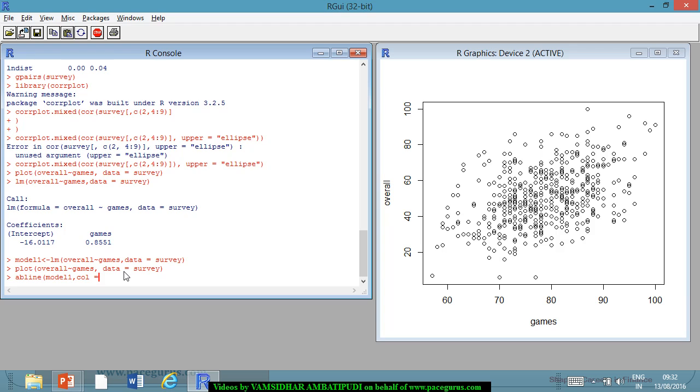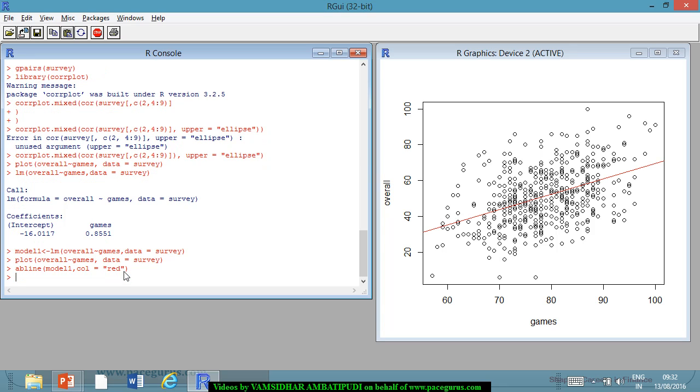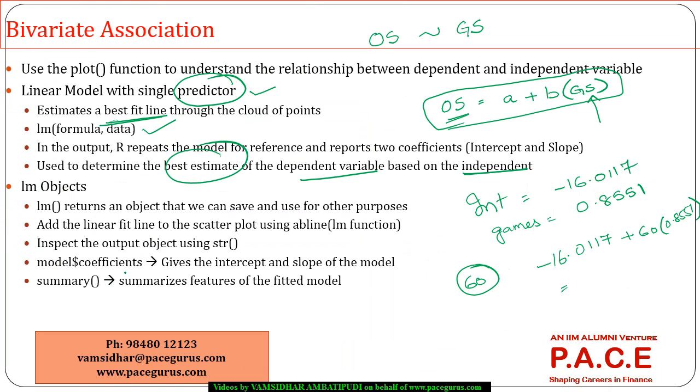I want to put a color of my choice, so I put a red color to this abline. The abline is typically drawn by completing the lm part of it. It does a linear modeling, and based on that linear model, whatever the A and B values, the intercept and the slope values that have come, the smooth abline is drawn. So I can add the linear fit line to the scatter plot. That is what I have done.